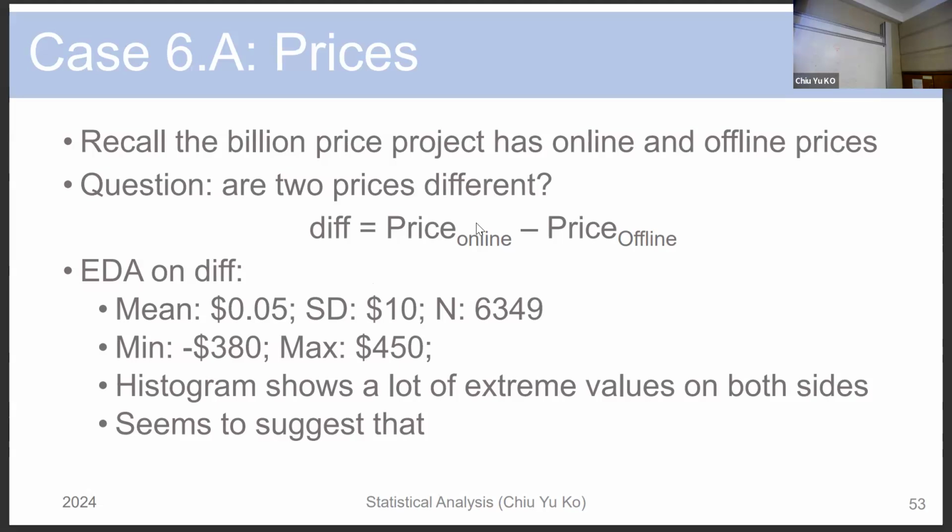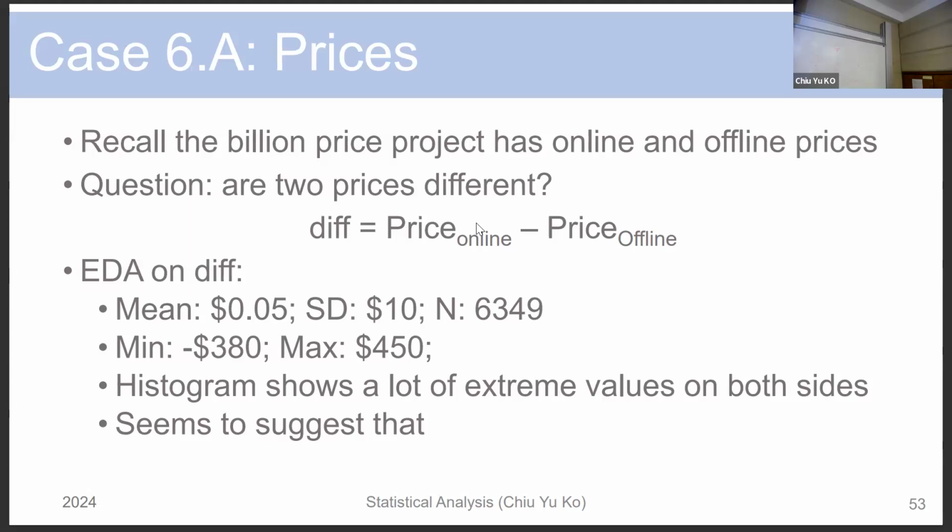It turns out to be a little bit counterintuitive. You may expect the online price to be lower, but on average that's not the case. It's actually 5 cents more, or you can say almost the same on average. The SD is $10 for this sample of 6,000 observations. Of course, not surprisingly, this sample has a large range.